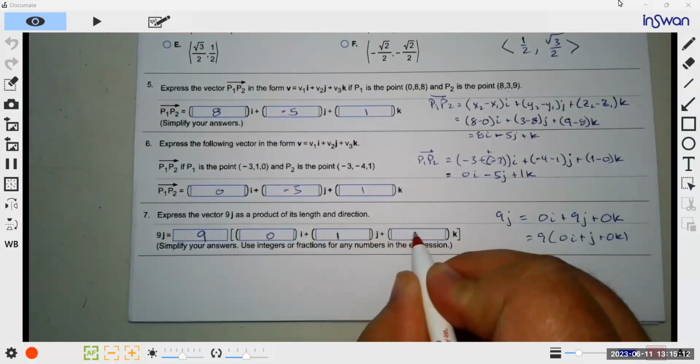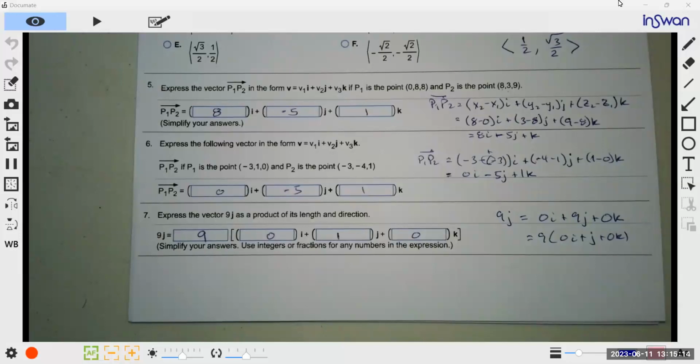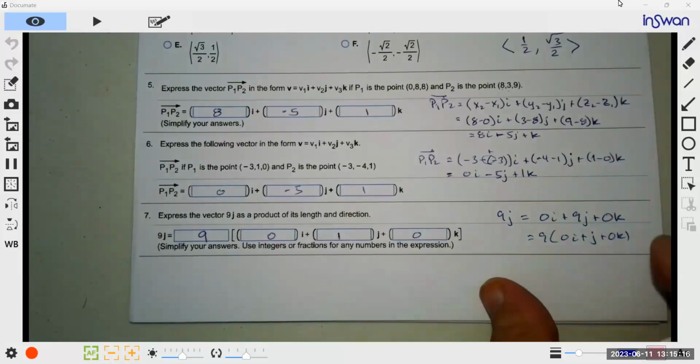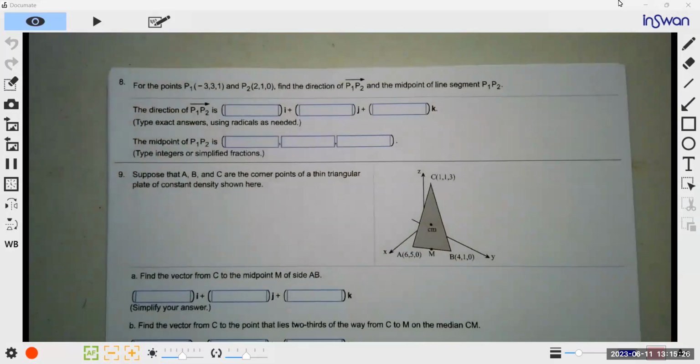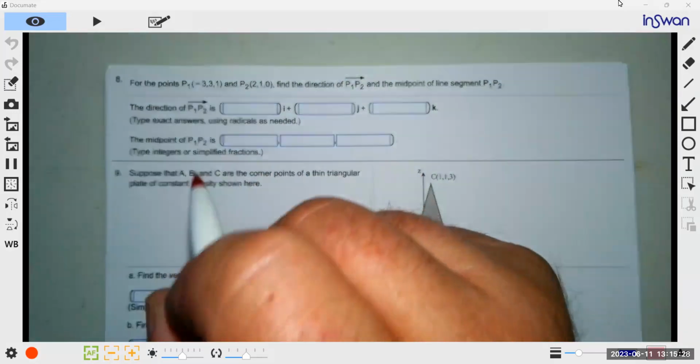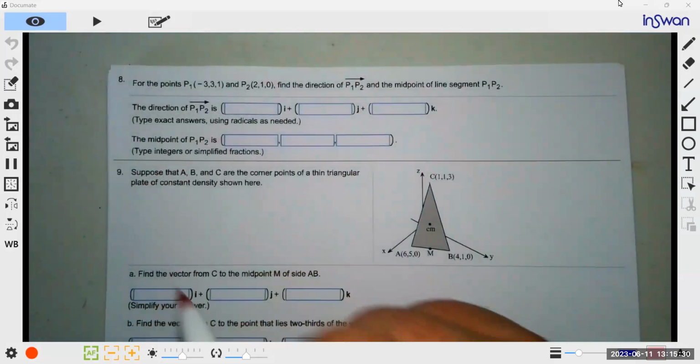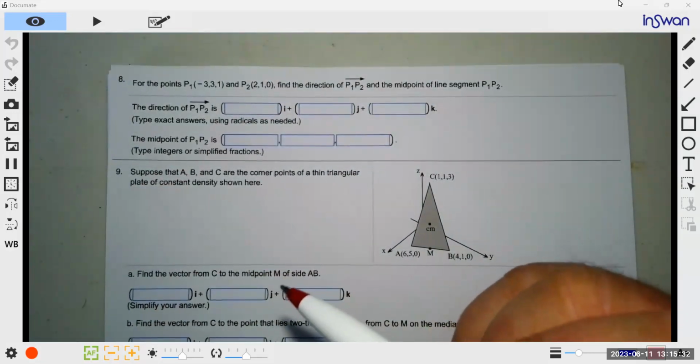So it's 1 and 0 direction. All right, that's for 7. This is the next sheet. That was 7. No, wait, number 8.